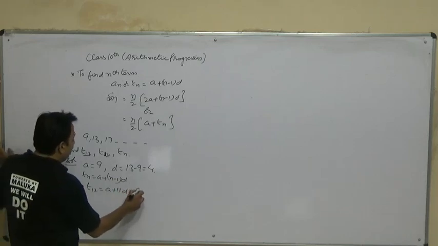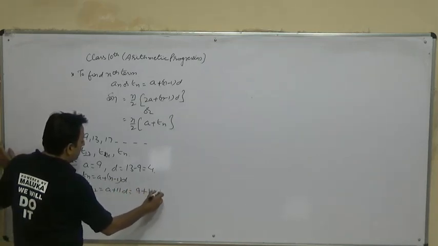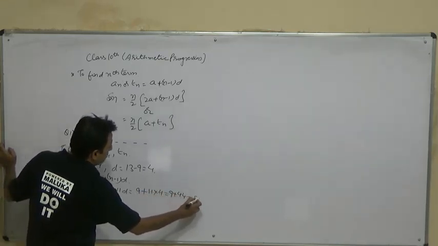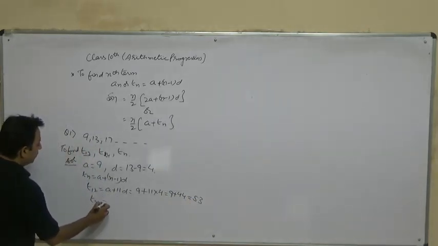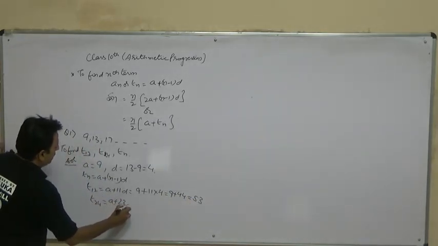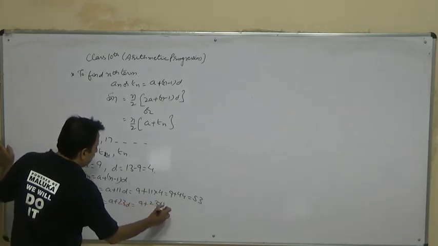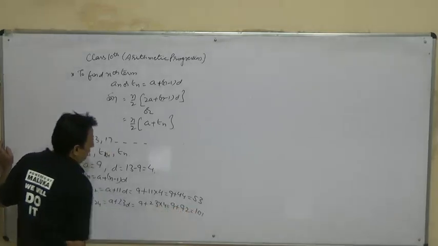A is 9 plus 11 into d is 4. 9 plus 44, which is 53. Then T24, which is a plus 23d, which is 9 plus 23 into 4, which is 9 plus 92, 101.